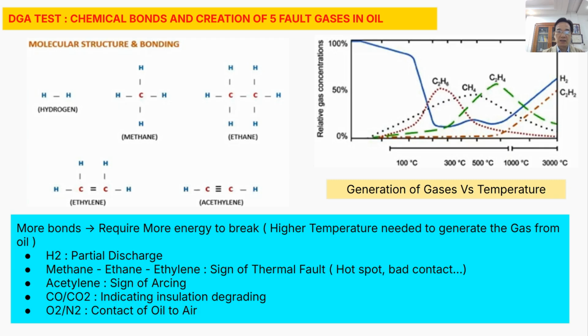Then with the oil leak, rainwater and moisture can get into the transformer. Moisture is a very dangerous factor in the transformer.